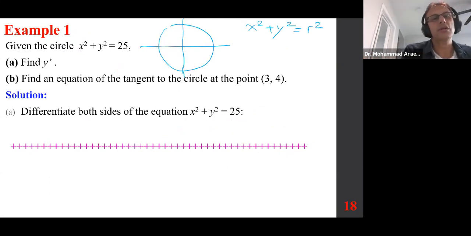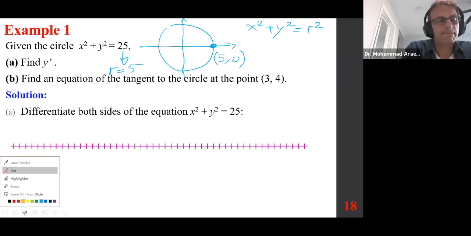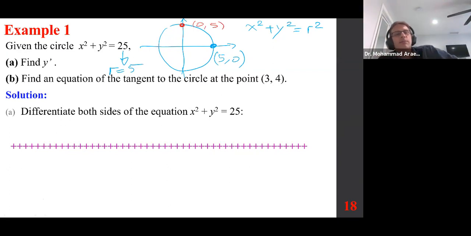So therefore, in this example, the radius is 5. So as an example, this is 5, 0. And this is 0, just as an example.